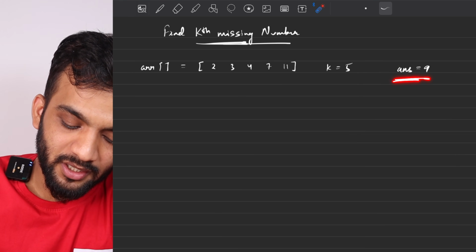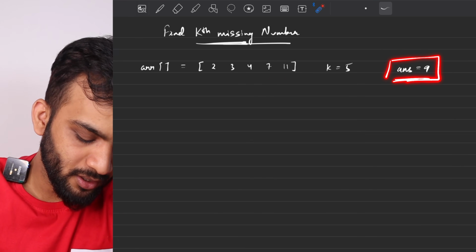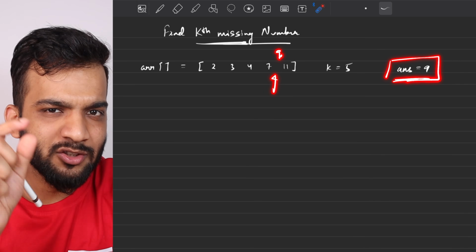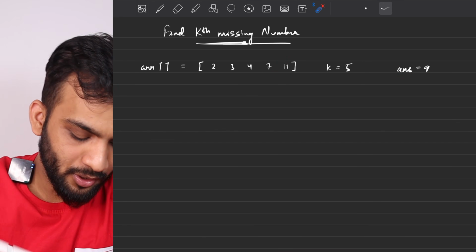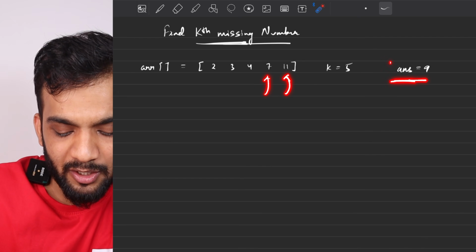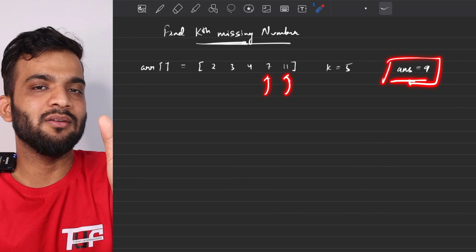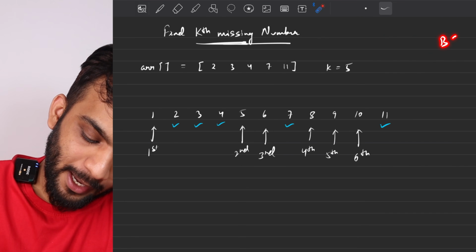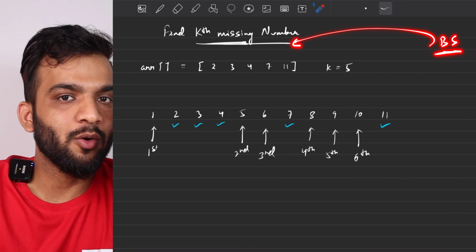If you carefully notice, this particular answer 9 should have been between 7 and 11. So if I somehow can figure out between which indexes this particular answer should have been, I think my problem will be solved. So how do we apply binary search in this particular question?